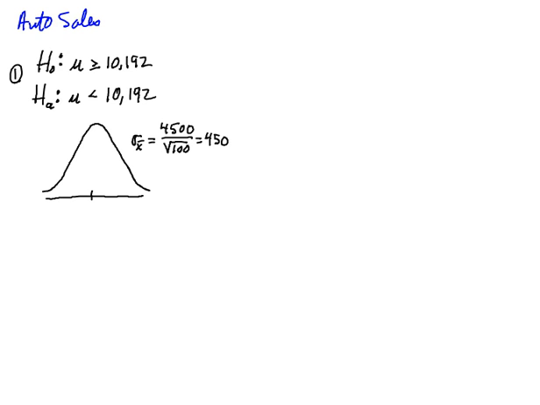We're going to assume that the null hypothesis is correct for now and say that the population average is the 10,192. Our sample average at 9,300 is evidence that the population average might be less than that 10,192. We're going to test on the lower end and set up our level of significance at 0.05.